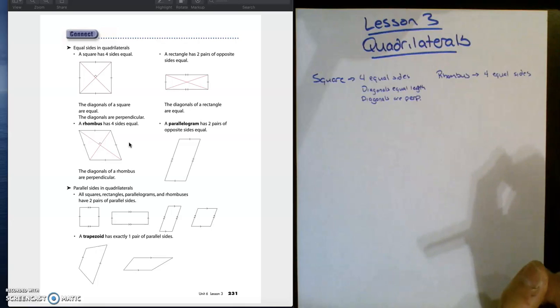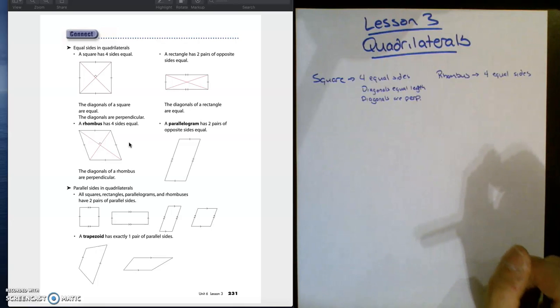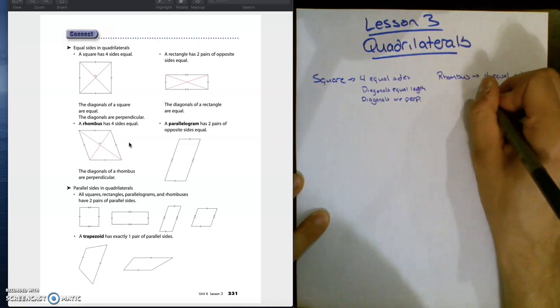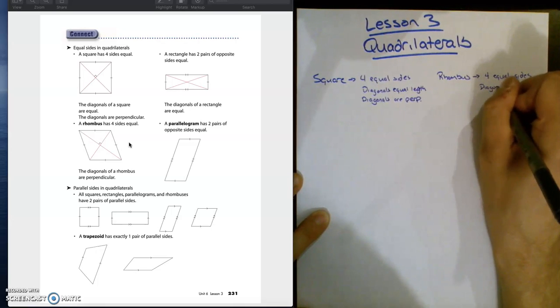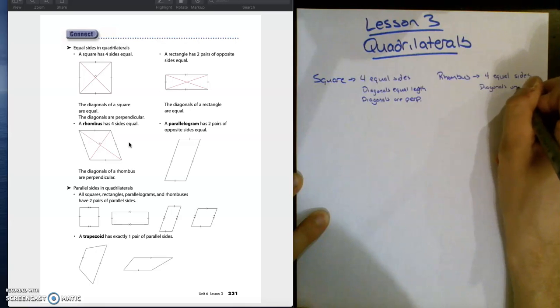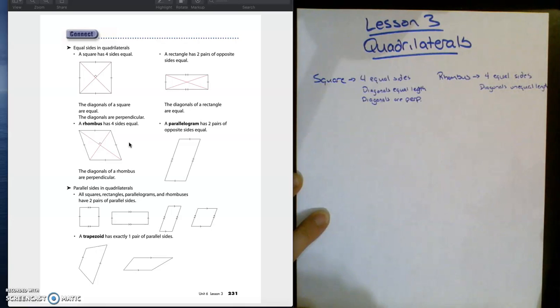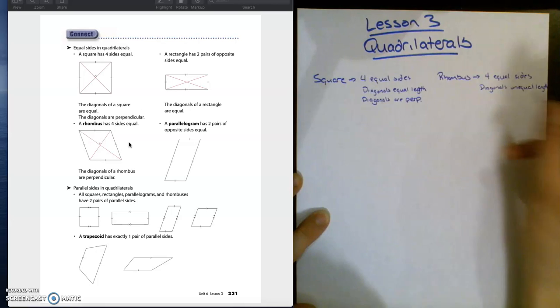A rhombus also has diagonals, but the diagonals are not equal length. I'm just going to write unequal length. And then the diagonals of a rhombus are perpendicular, so they make a right angle there.